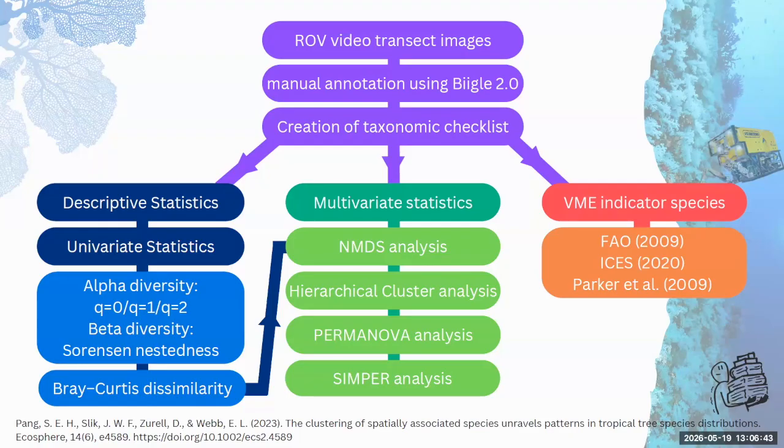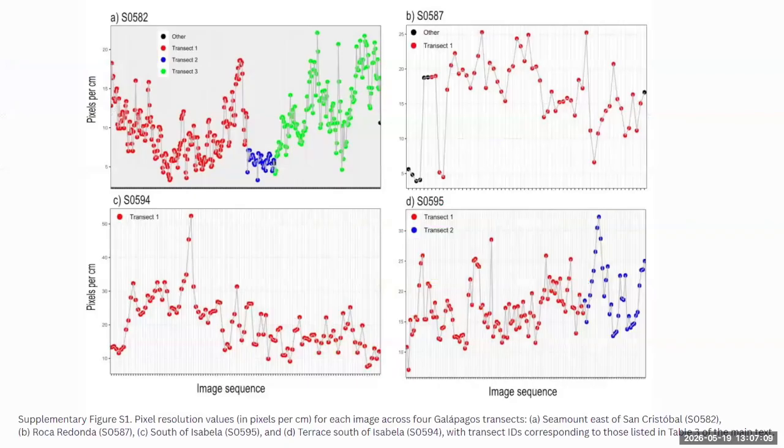Finally, I looked into the descriptive statistics, mainly plotting the distributions. And then for univariate statistics, I looked into the alpha diversity components. For my multivariate statistics, I used NMDS, hierarchical cluster analysis, PERMANOVA, and SIMPER analysis. And finally, I also looked into the VME indicator species.